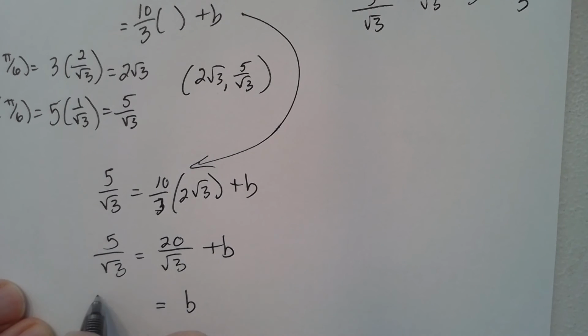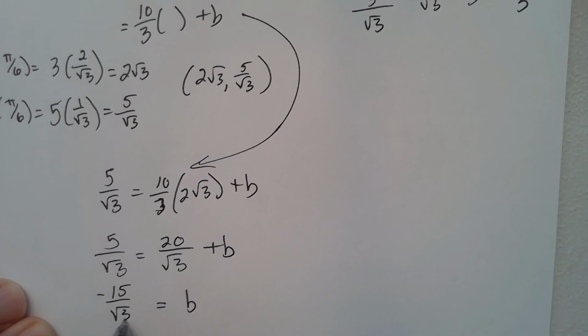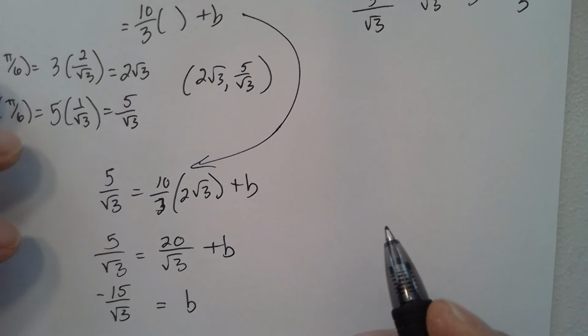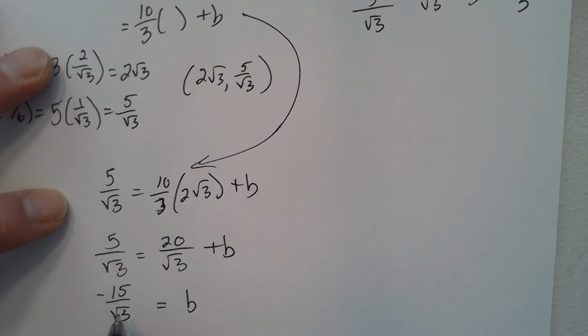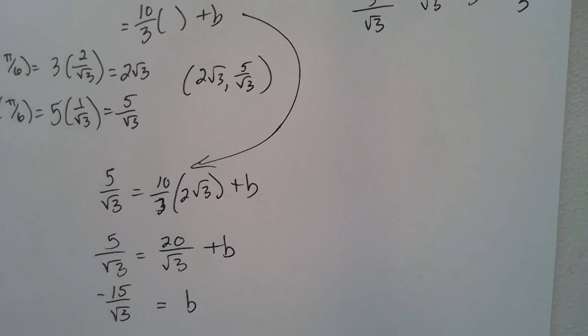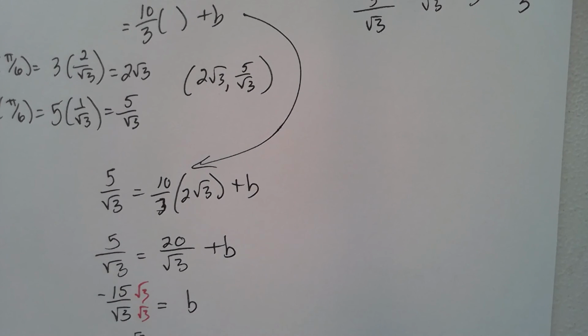So b is negative 15 over square root of 3. Probably simplify that too. Square root of 3 over square root of 3. So we get 15 square root of 3 over 3, which is negative 5 square root of 3.